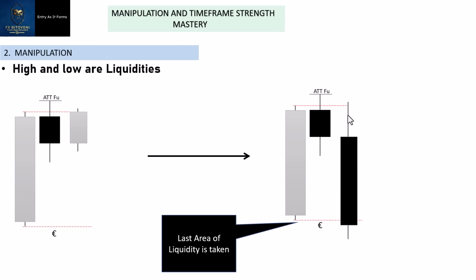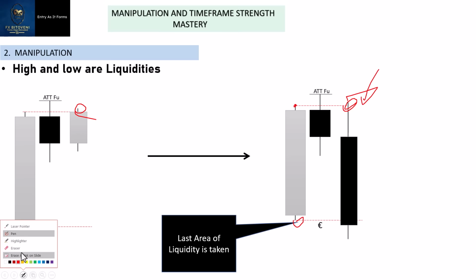You are going to see something like this. After testing, this one is going to drop to take out the last area of liquidity of this candle, because a candle has liquidity on both sides. Hope you understand that.